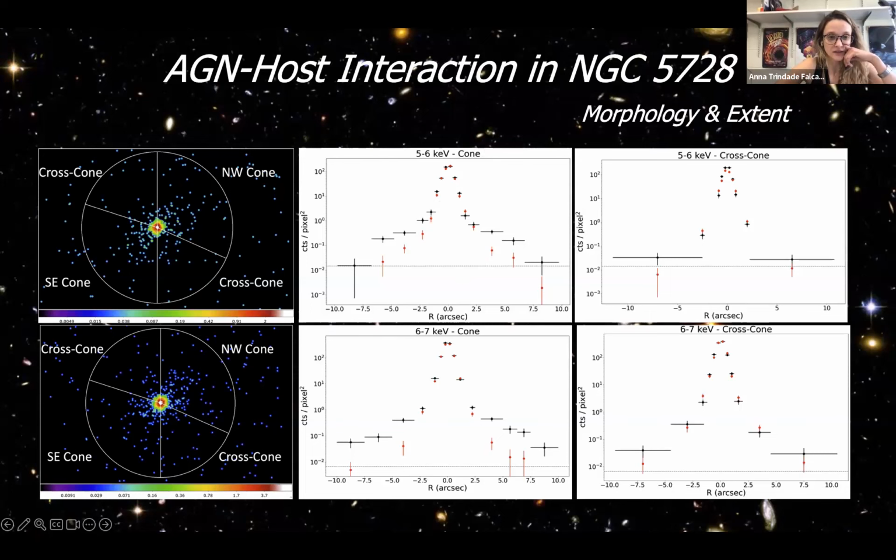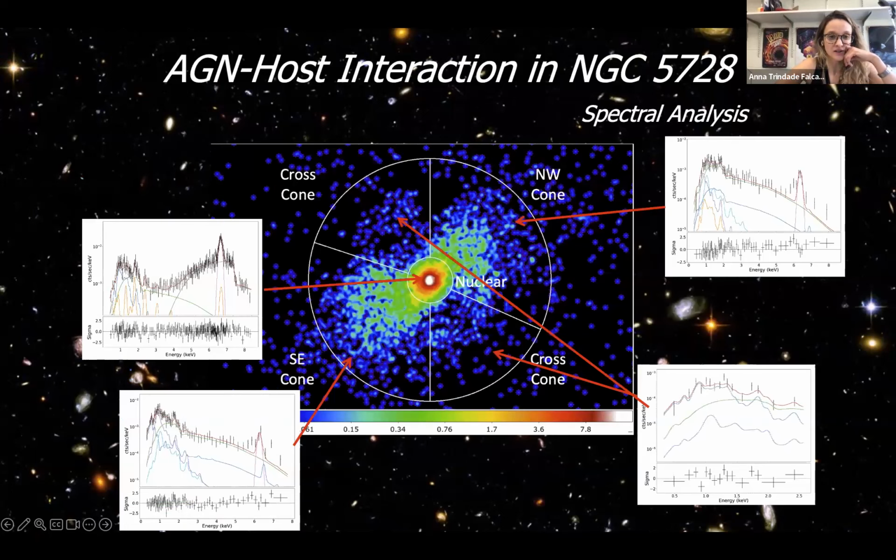And finally, which I think is one of the most interesting parts of the science that can be done with AXIS, is when you have good spatial and spectral resolution, like you can get with Chandra, and you can get information about the spectral properties of that region, the spectral properties in a single pixel.